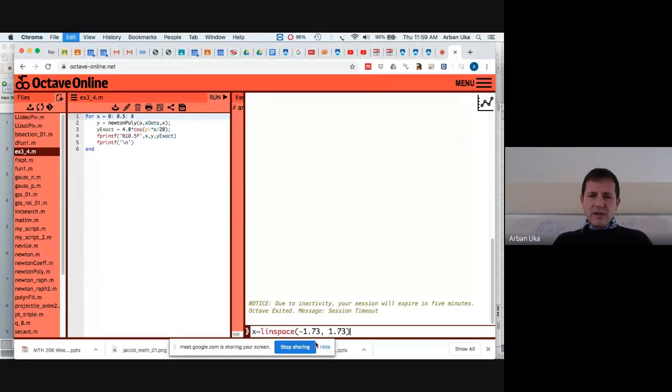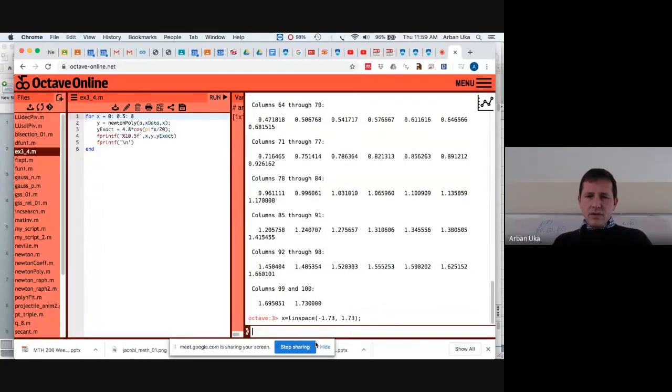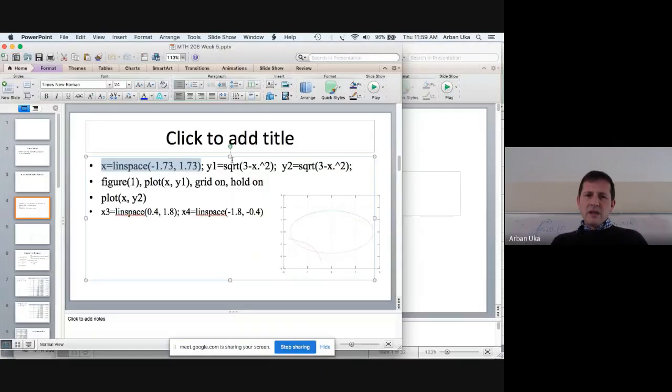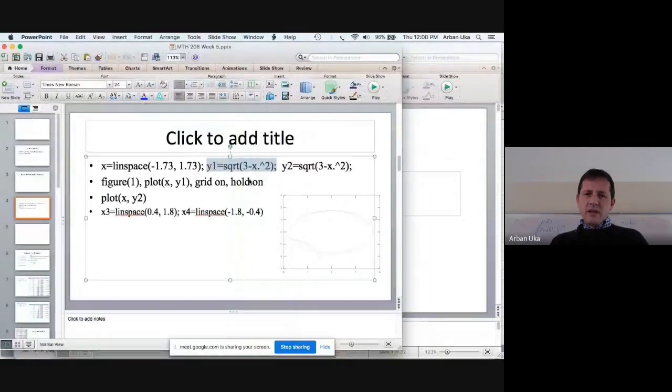So let's write this here. So this is x, and x goes from minus square root of 3 up to square root of 3, and then using this x we can find y1, and we can also define y2.